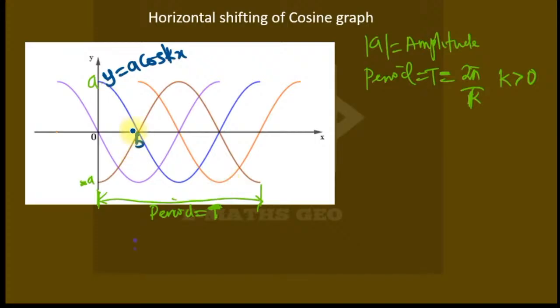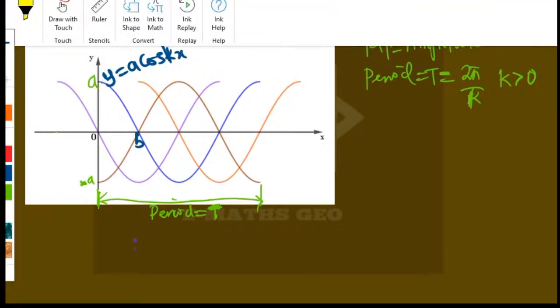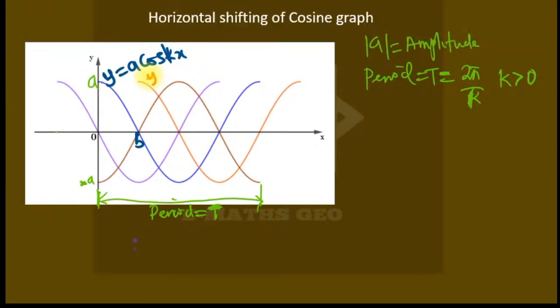So if we call this B, shifting this graph to the right, the function will be y equal to a cos k bracket x minus b.